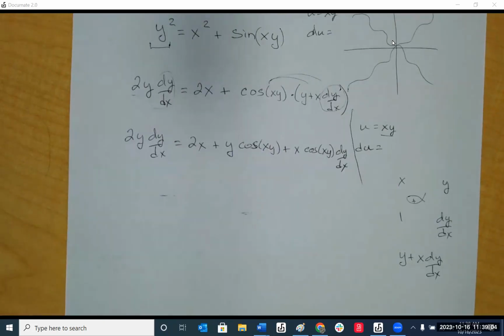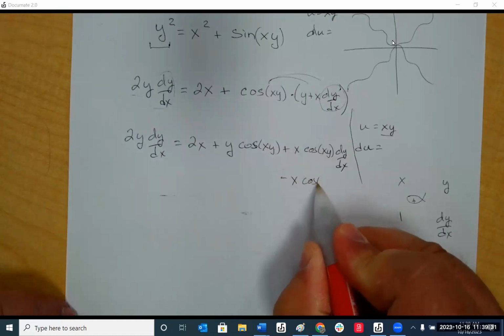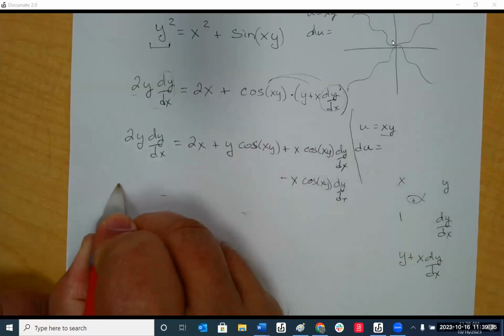What next? We have to get all the dy dx's together. Subtract x cosine xy dy dx from both sides.